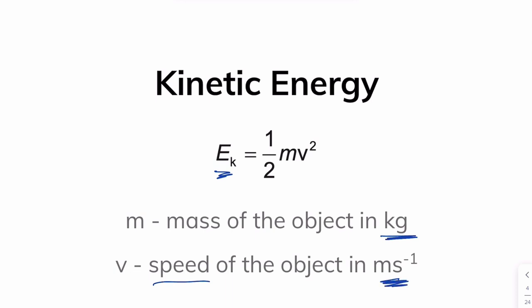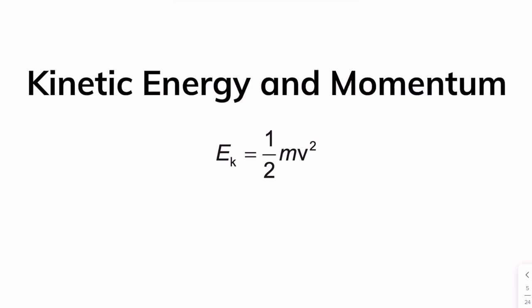So as you can see, mass is a scalar and speed is a scalar, so kinetic energy is also a scalar value. If we take this formula here, the Ek, and let's say we multiply the numerator and denominator by m, we can have m squared v squared over m. And then if we rearrange this a little bit, we get 1/2 mv squared over m.